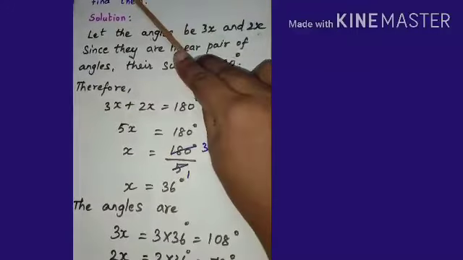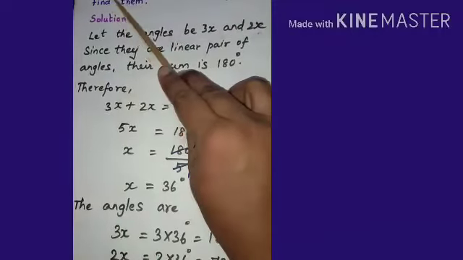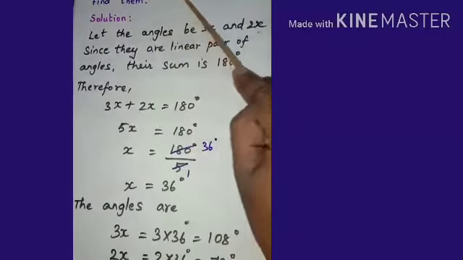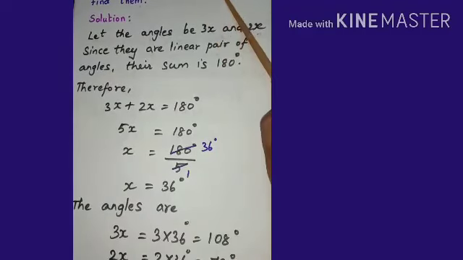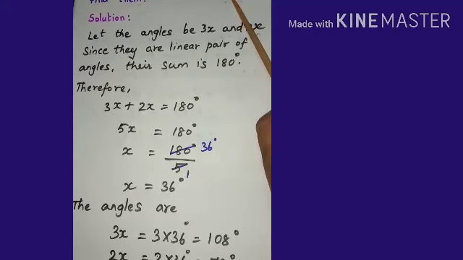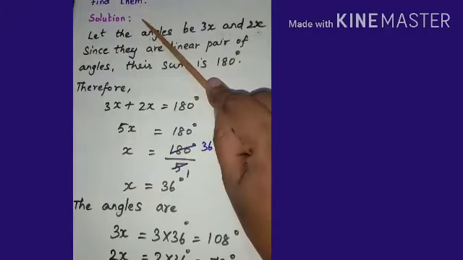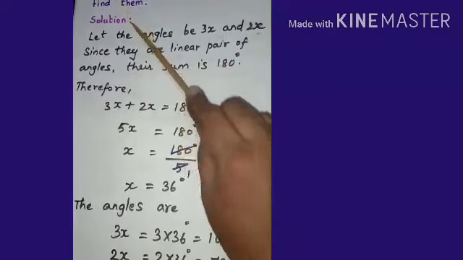Now students, in this problem, example 5.5, two angles are in the ratio 3:2. If they are a linear pair, then their sum is equal to 180 degree. So find them. Here we have to find these two angles which are in the ratio 3:2.